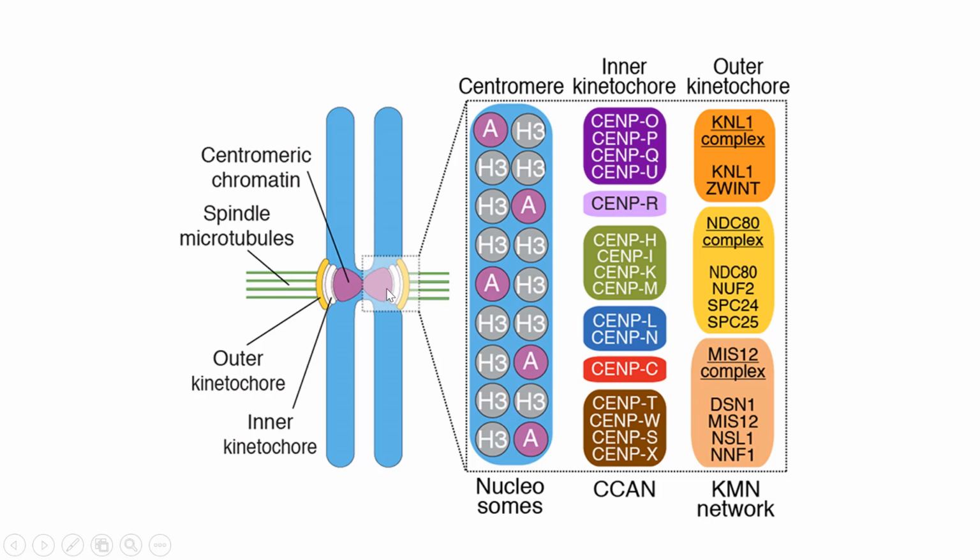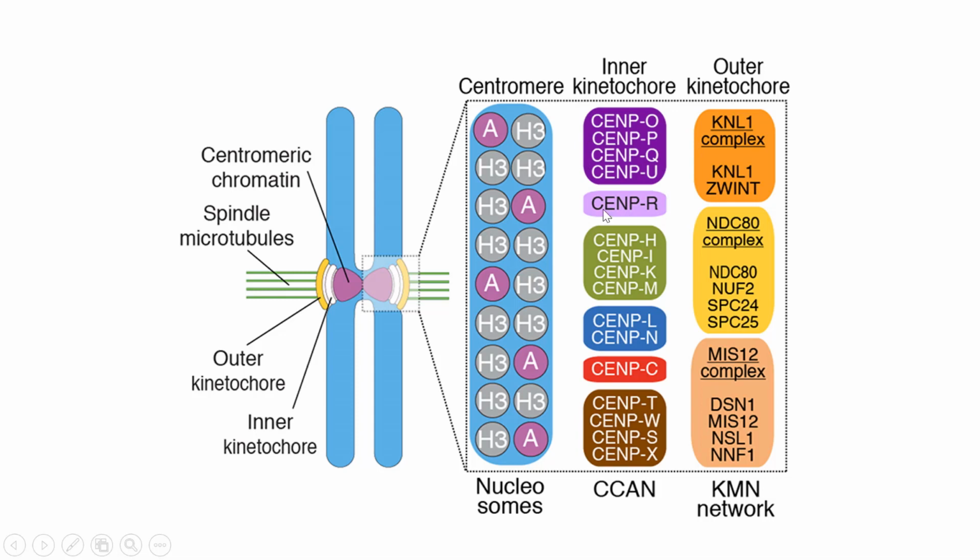And so if you look into here, this inner portion, this purple portion here, is the centromere, where you have this different form of H3. And then you have this machine that forms on top of the centromere called the kinetochore. And then you have the kinetochore microtubules that attach to it. And just look, each one of these is a separate protein. So here's one complex made up of 4 polypeptides.